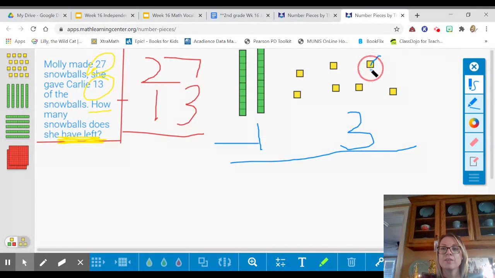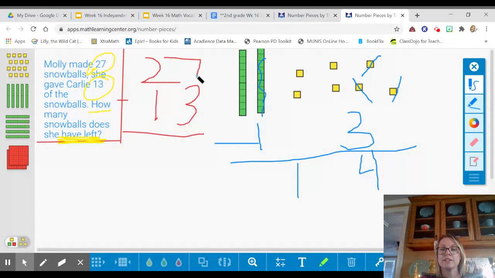So I'm going to take away 3 ones and see what I have left. 1, 2, 3, 4. I have 4 left. And then I'm going to do the same thing in my tens. I'm going to take 1 away, and I only have 1 left because 2 minus 1 is 1. Okay, boys and girls, so 27 minus 13 is 14.